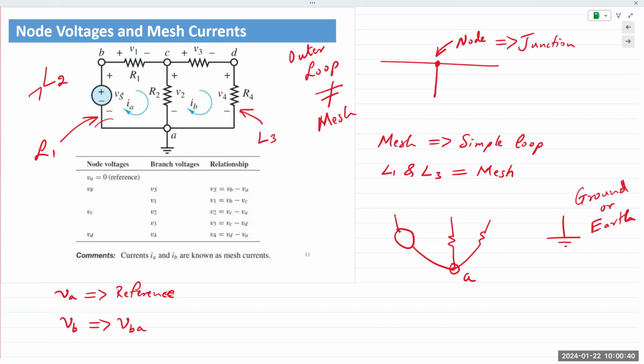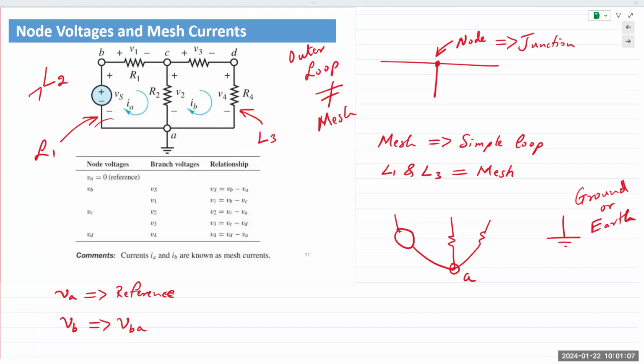So VA is the reference. So anytime I measure voltages at any other node, and I just say VB, VC, or VD, what I'm actually referring to is VB measured at A. Does that make sense? Your reference point is at A. Similarly, you have VC and VD.